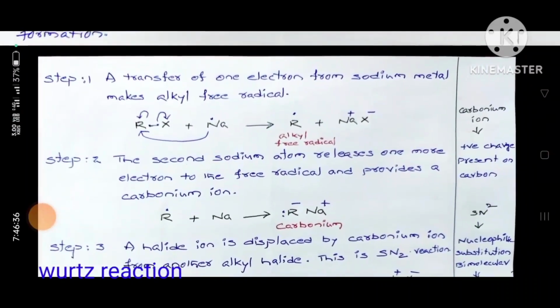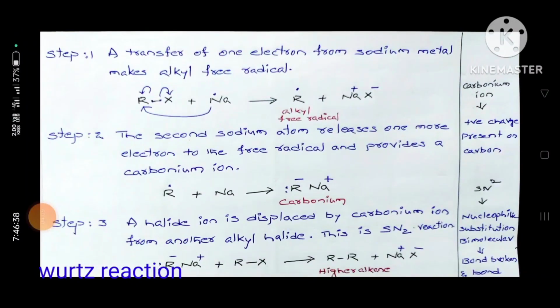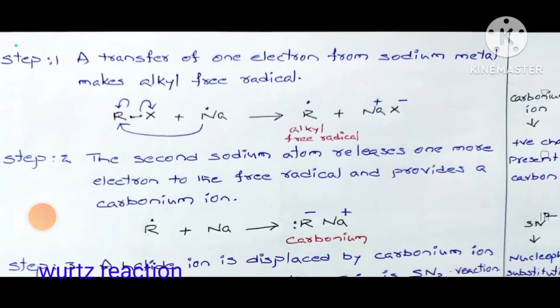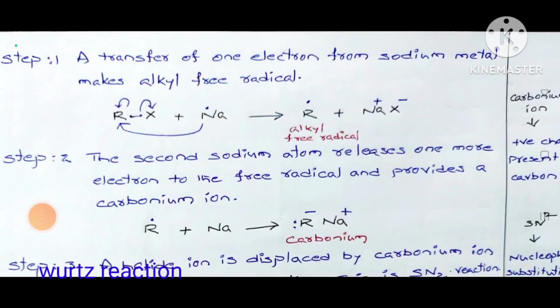Three steps are involved in the mechanism of Wurtz reaction. In step 1, a transfer of one electron from sodium metal makes an alkyl free radical. Sodium, atomic number 11, contains one unpaired electron in its valence shell. Sodium loses its one unpaired electron to the alkyl halide.